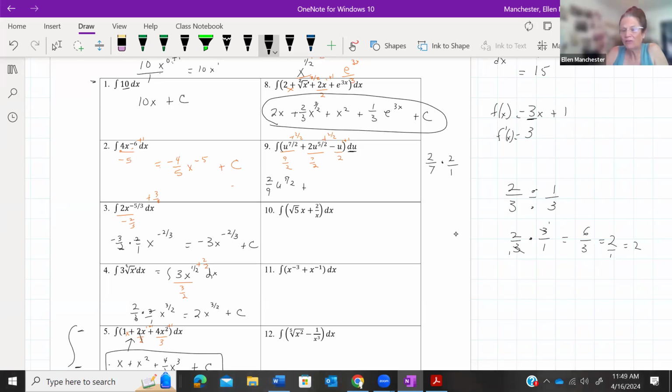And that's why I actually flip it over and look at it, because sometimes I can get away with cross canceling. I can't get away with cross canceling on this one. So it's 4 sevenths u to the 7 halves. And then I divided by 2. So that means that 2 is on the bottom. So it's negative 1/2 u squared and then plus c.